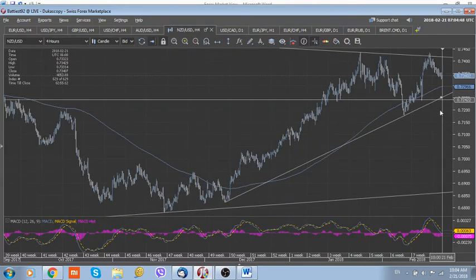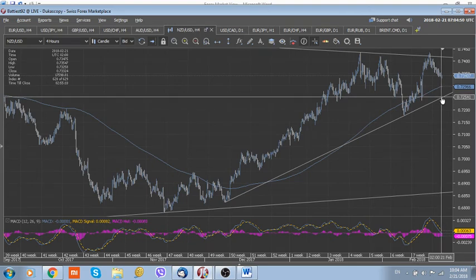Like in the New Zealand dollar, we still suggest that it is reasonable to buy the pair at 72.80 with a stop below this uptrend at 72.50.